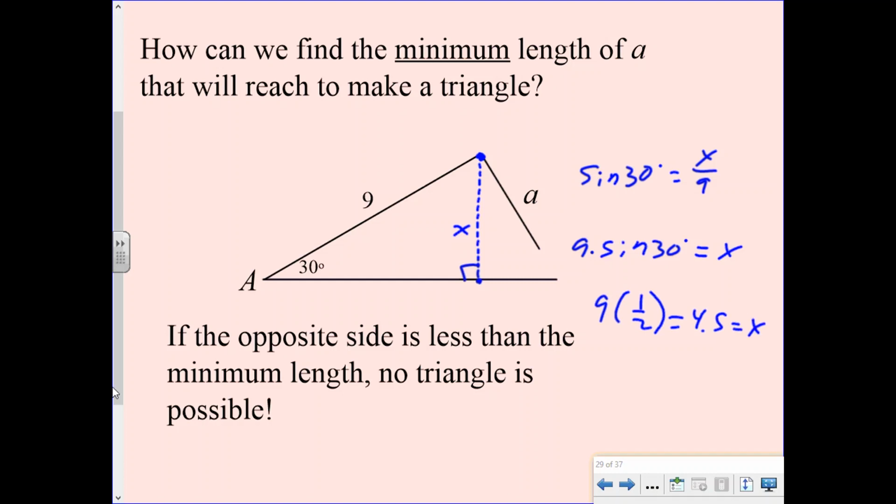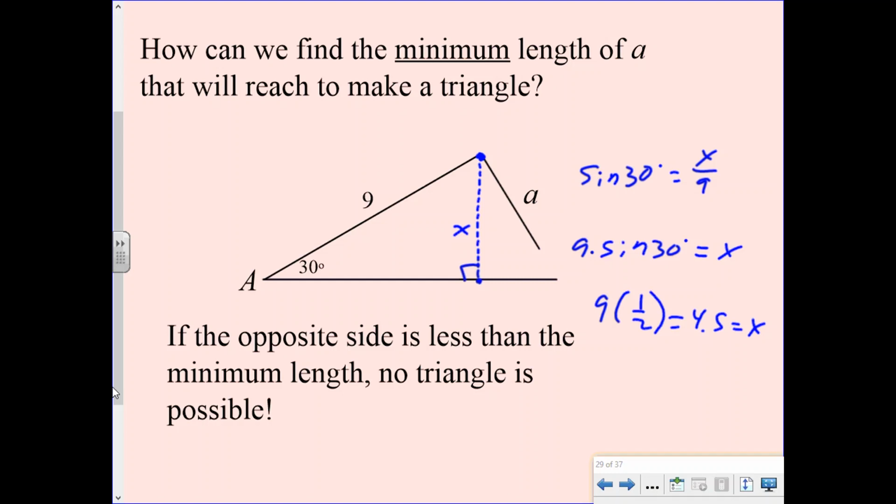So if x equals 4.5, in other words, if my opposite side, A, is equal to 4.5, then I will actually have a right triangle. Okay? So let's take a look at that in our animation. By the way, it's important to notice that if my side A here is less than 4.5, it is not going to reach.